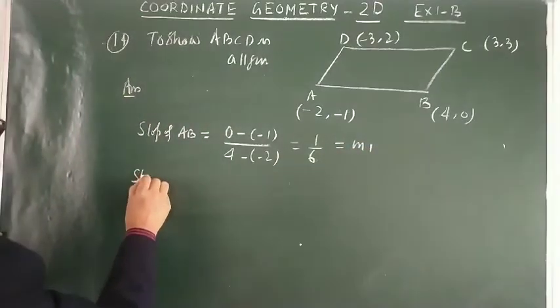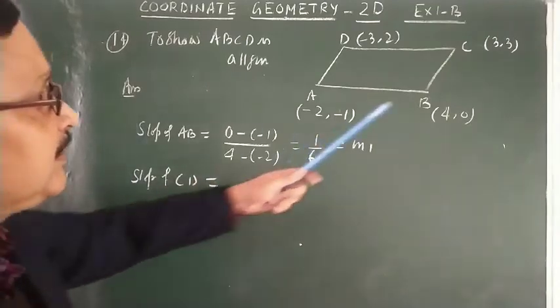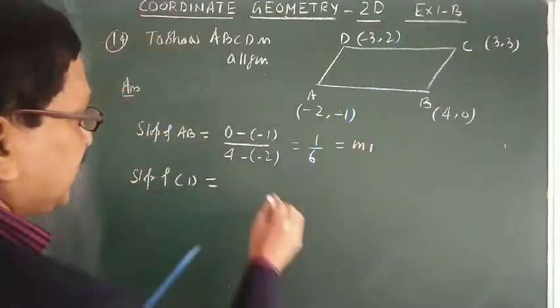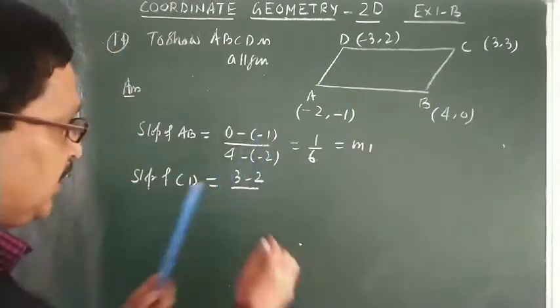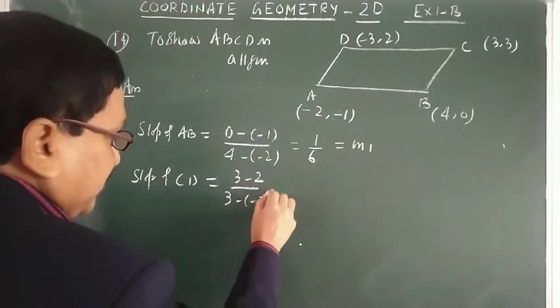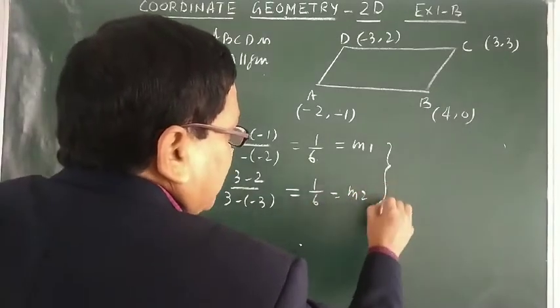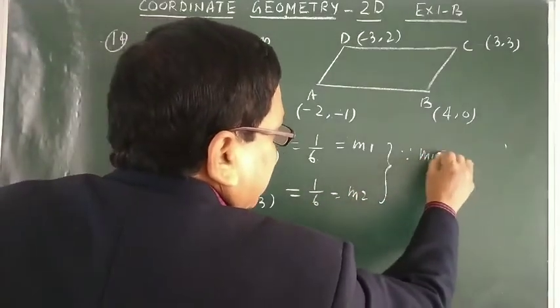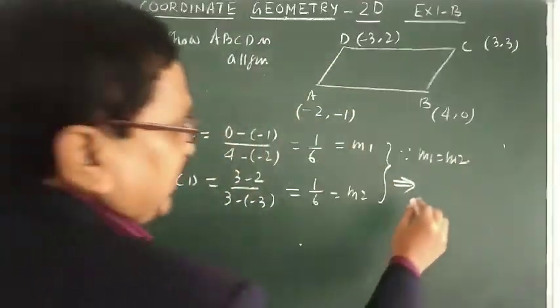Now the slope of CD is again y2 minus y1, 3 minus 2, by x2 minus x1, 3 minus 3 minus 3. So again this is 1 by 6. So M2. Now since M1 is equal to M2, AB is parallel to CD.